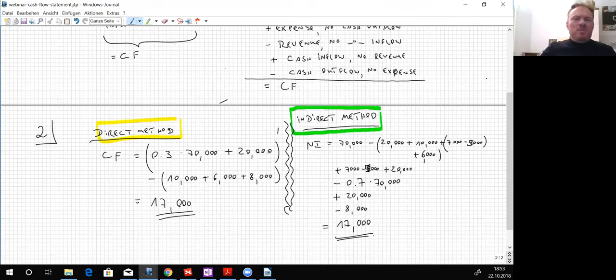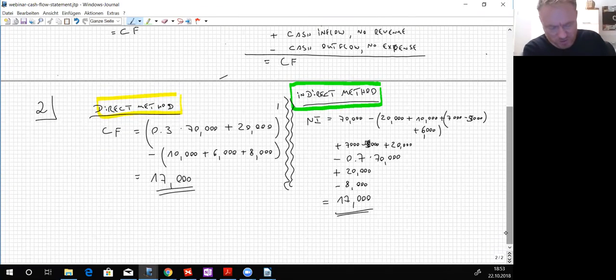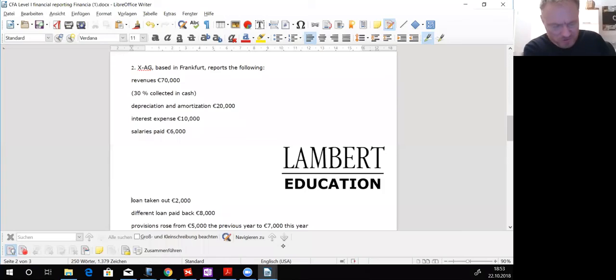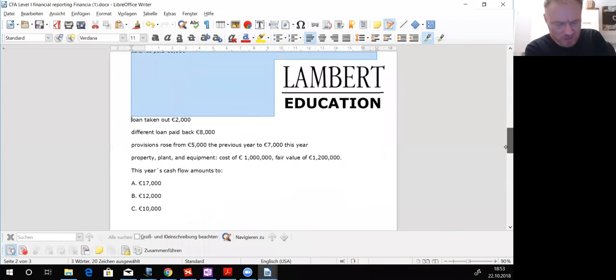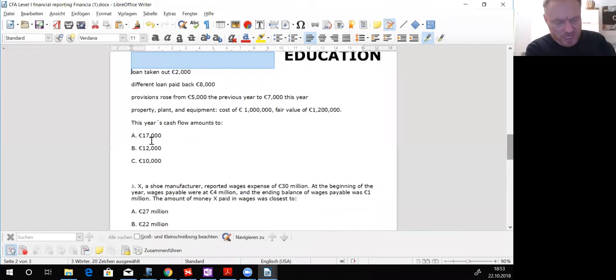It's not important whether you compute cash flow via the direct method or the indirect method, the results are the same. Now, that was question number 2, 17,000, which means answer A is correct and the rest is not.